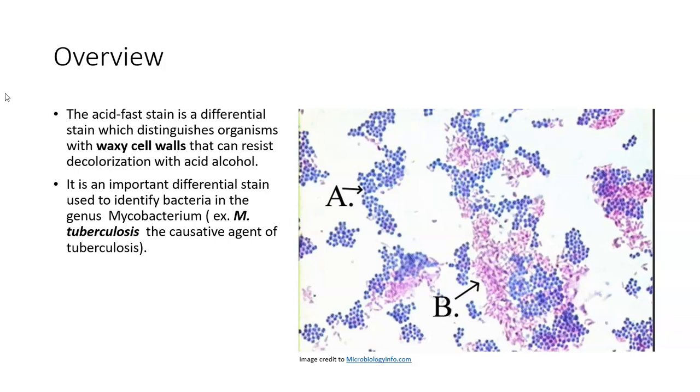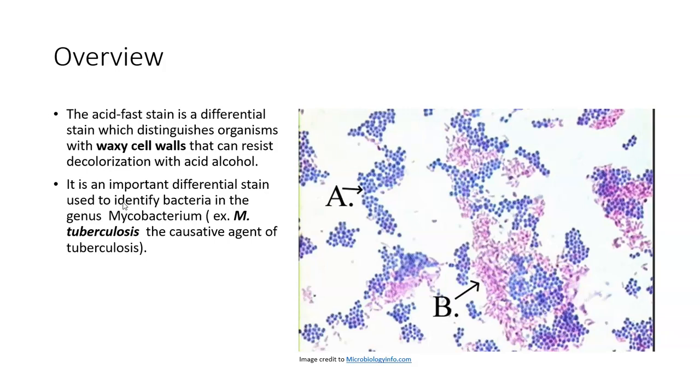Some bacteria have what we call a waxy cell wall. These bacteria are typically within the genus Mycobacterium. So having a waxy cell wall is a unique characteristic to Mycobacterium. Most other bacteria lack a waxy cell wall, and for that reason will stain blue, which is negative during an acid-fast stain.